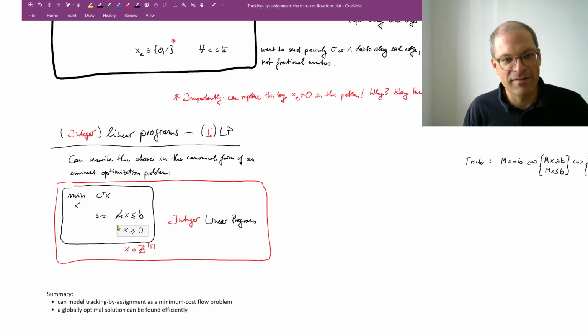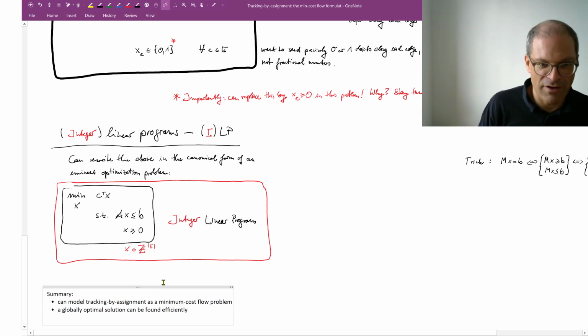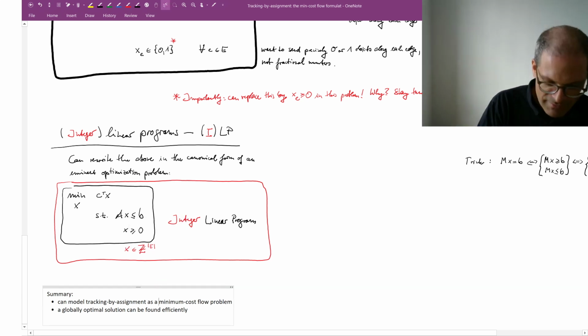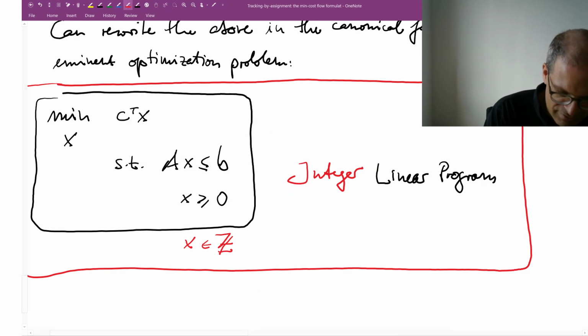So the black thing is a linear program, and if in addition one wants to admit only integer solutions x, then it is called an integer linear program. And down here I did not really talk about graphs and edges, so maybe I should call this the dimension of x.